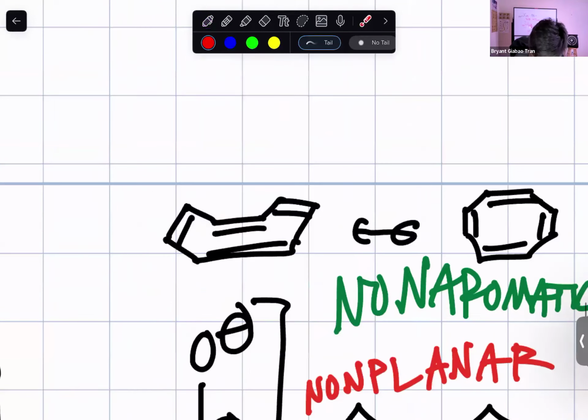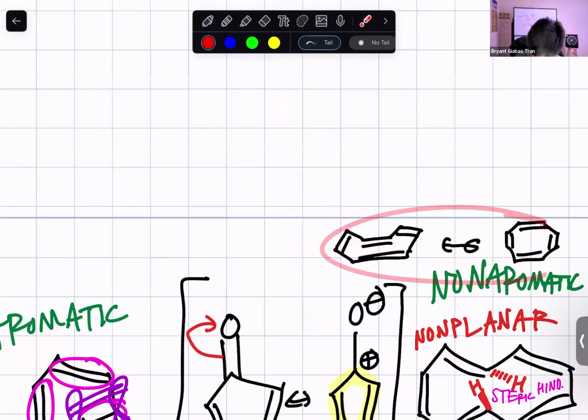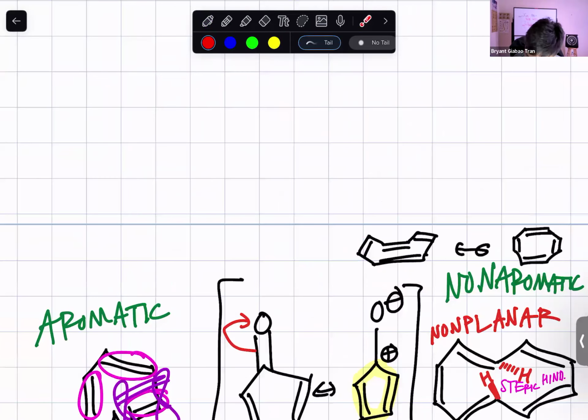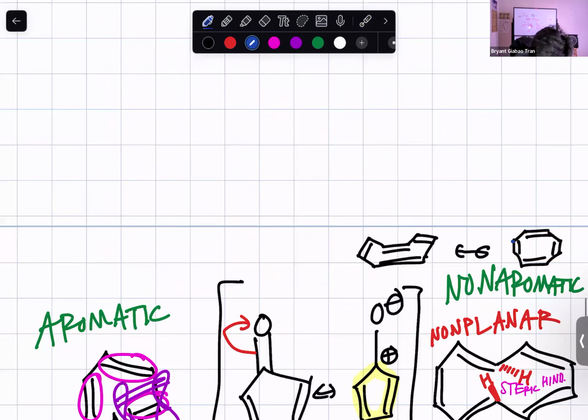Let's see. The boats are also non-planar, right? Even though all atoms here are sp2 hybridized, the overall structure is non-planar.